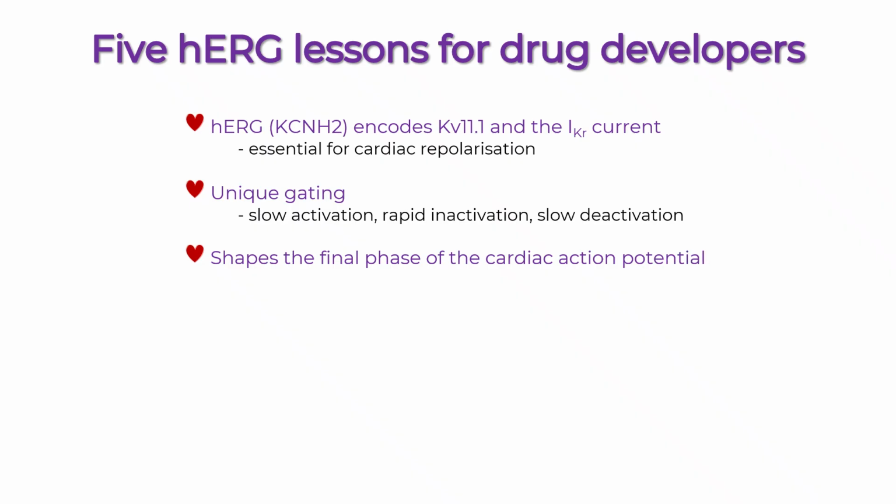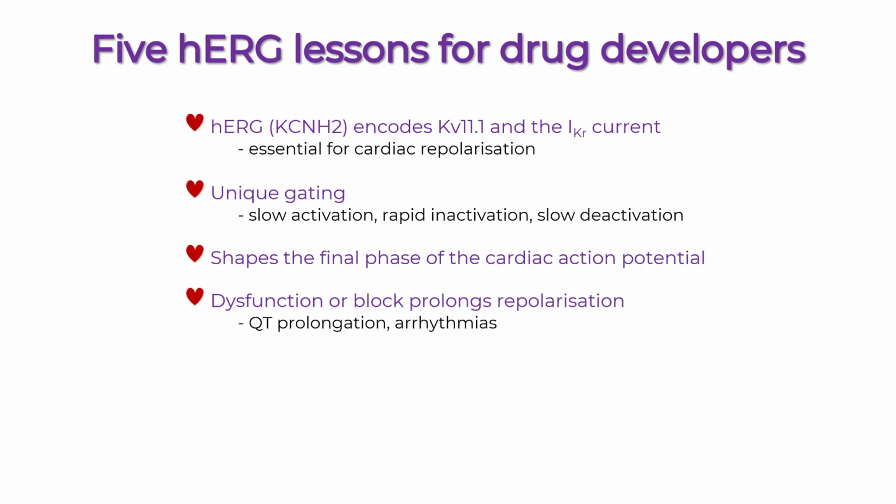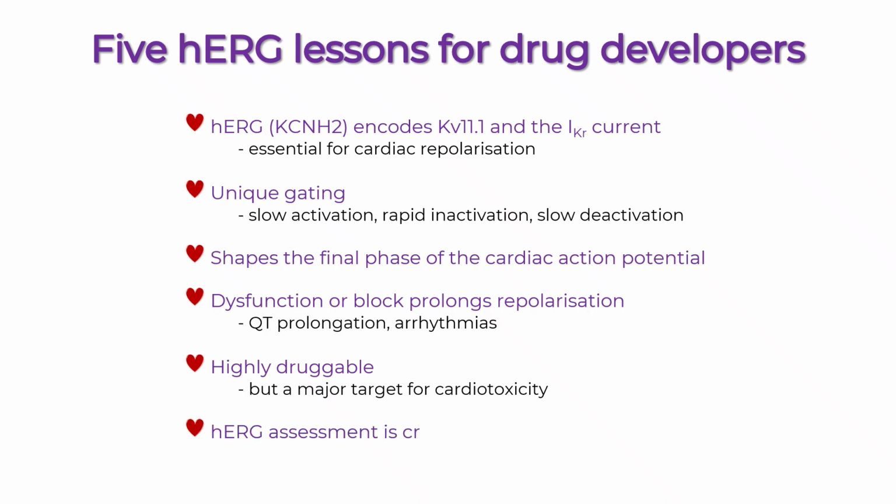Fourth, reduced function or drug block can prolong repolarisation and increase arrhythmia risk. Fifth, the channel's accommodating cavity makes it both therapeutically druggable and unusually vulnerable to unintended interactions. For drug developers, the bottom line is simple. Understand the biology, measure the liability in the right context, and treat hERG as an early design consideration rather than a late surprise.